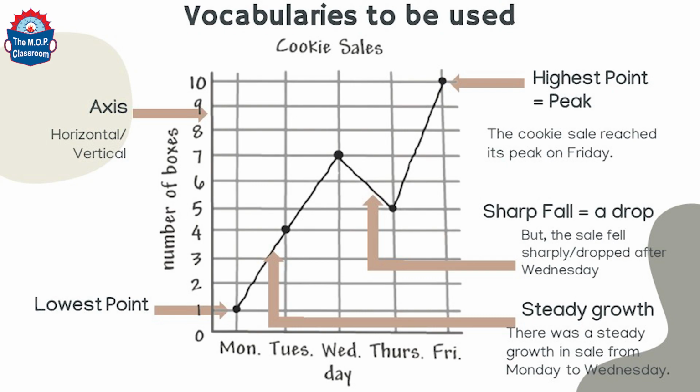So, in the lower line you can see the days of the week are mentioned, and in the standing line next to it you can see the number of boxes that are sold. So, these two lines are known as axes. The standing line is the vertical axis and the sleeping line is the horizontal axis.